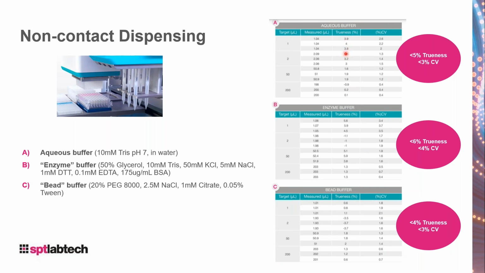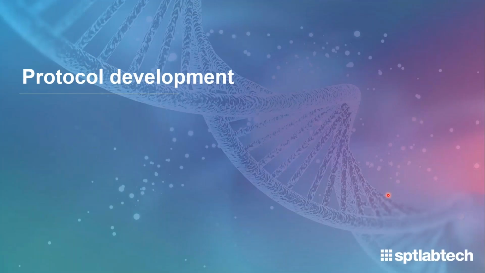And if you look at the individual results, mainly far below 6%. So this shows that the data that we've collected for Firefly shows that the dispenses are both repeatable and on target from both these liquid handling heads. So I'm going to move on to talk about protocol development for Firefly.